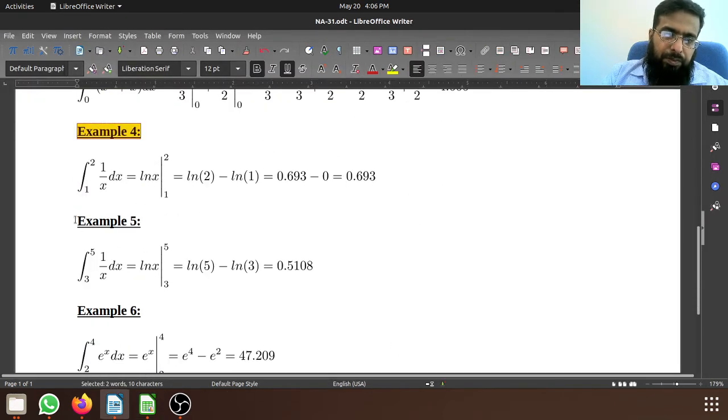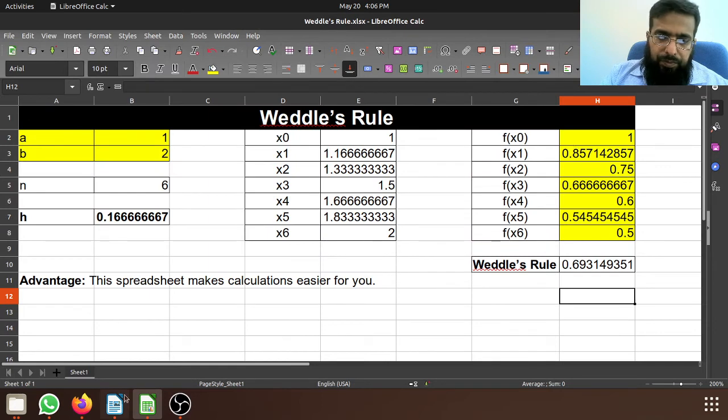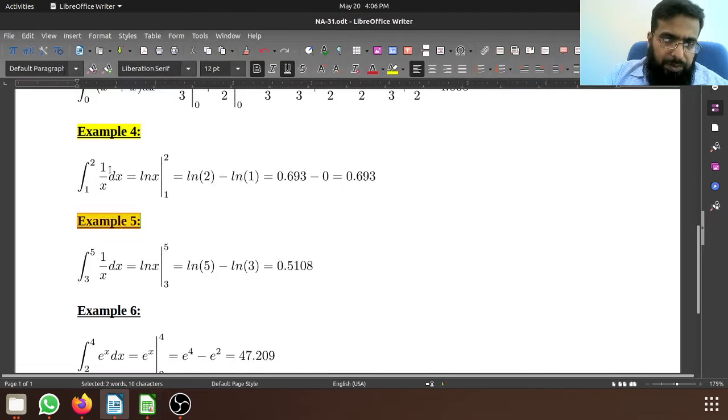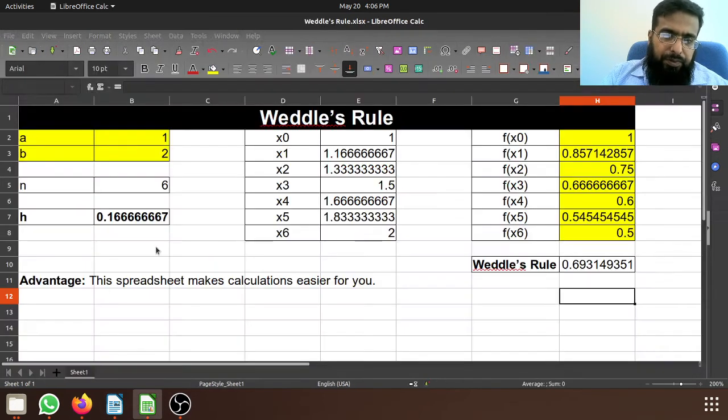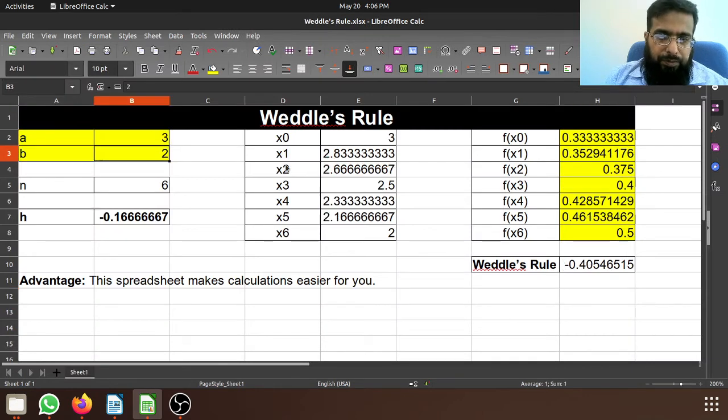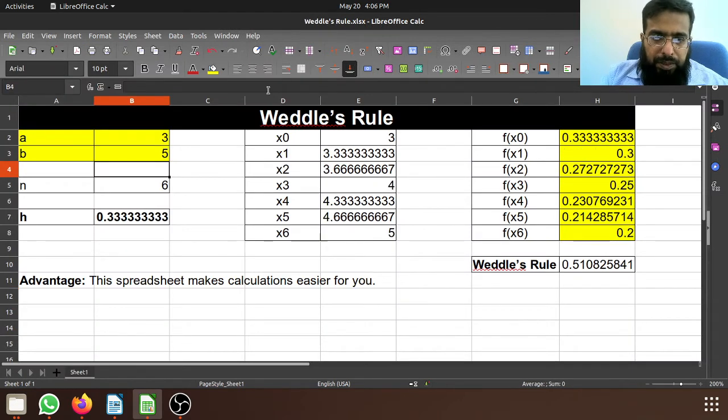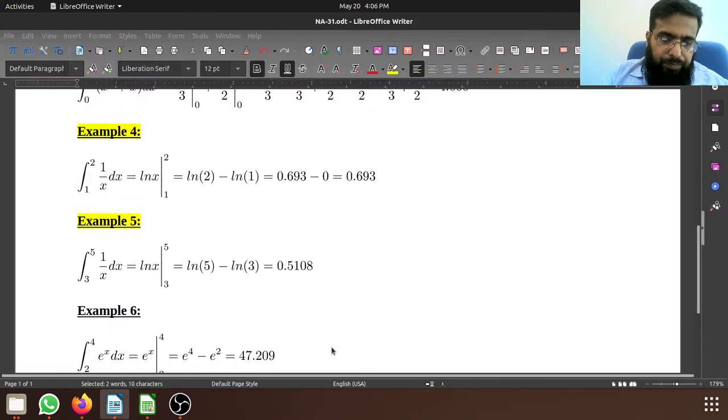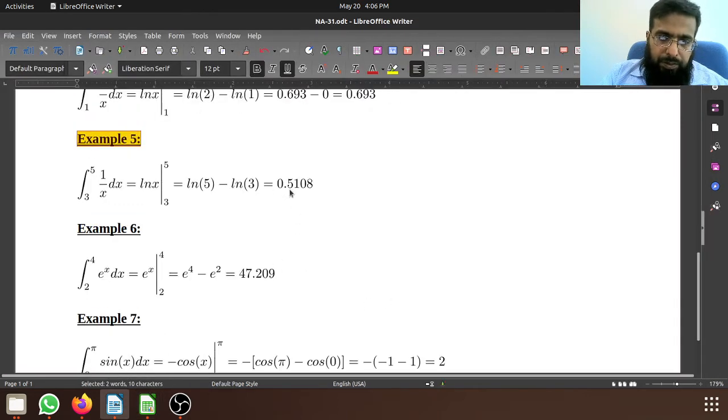That's great. Let's move on to example number 5, which is also 1 over x, but this time the limits are different, 3 and 5. The answer is 0.51, and it is the same as the exact answer.